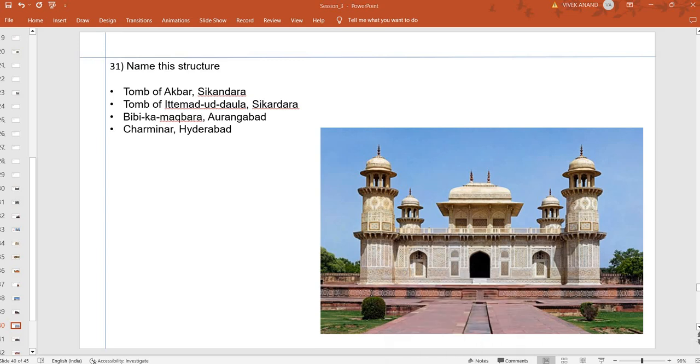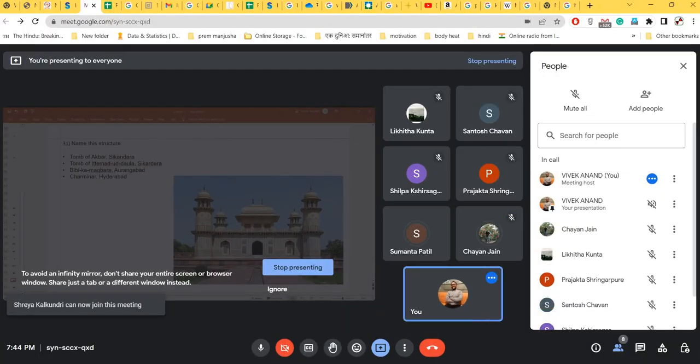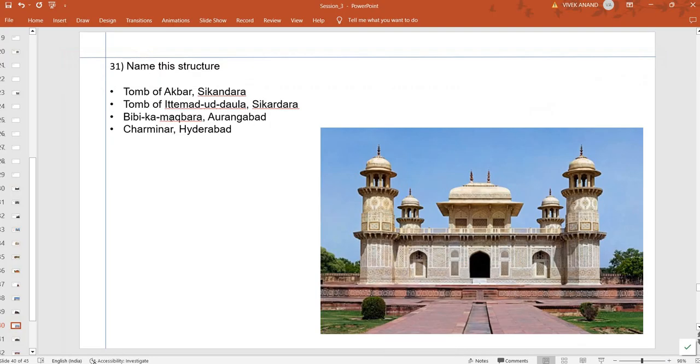Can anyone tell? Tomb of Itimad-ud-Daulah. The elements are chhatris, bangla roofs, and these tile works. So let's move to the next question.